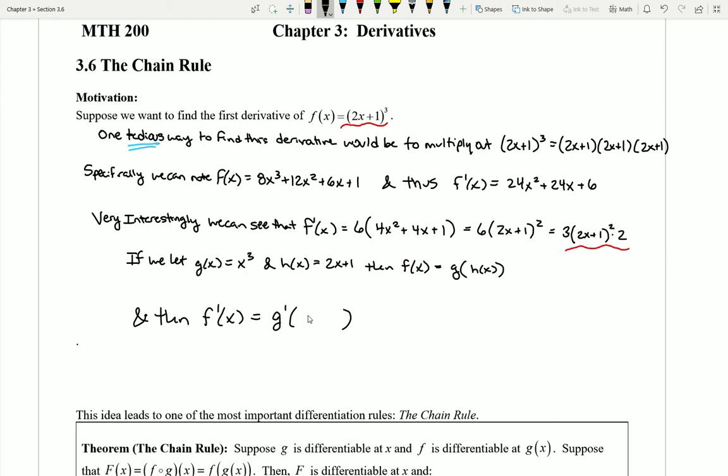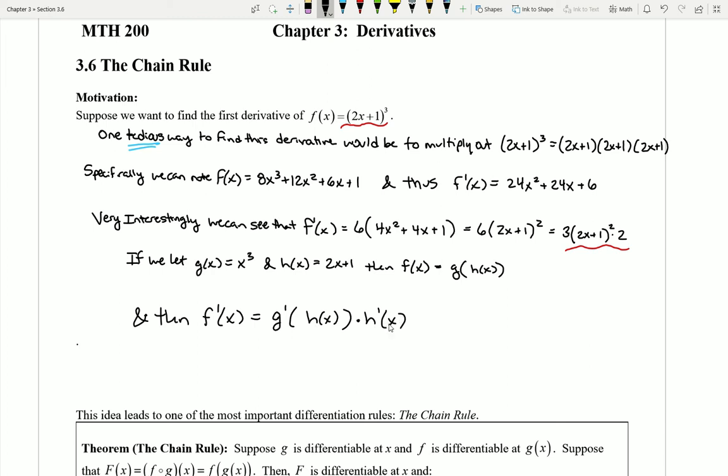It still had that h of x formula plugged in place. So I have the g prime formula, but with the h of x still remaining on the inside. And then I follow up with the derivative of that h of x function. So I'm taking the derivative of the outermost function, leaving the inside alone, and then I take the derivative of that inner stuff.